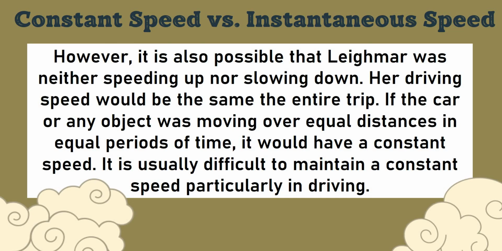However, it is also possible that Laymar was neither speeding up nor slowing down. Her driving speed would be the same the entire trip. If the car or any object was moving over equal distances in equal periods of time, it would have a constant speed. It is usually difficult to maintain a constant speed, particularly in driving.